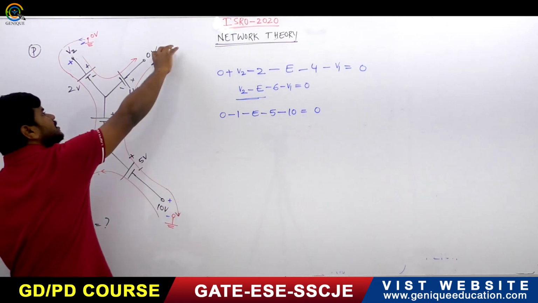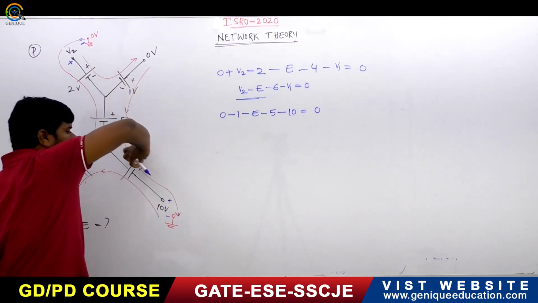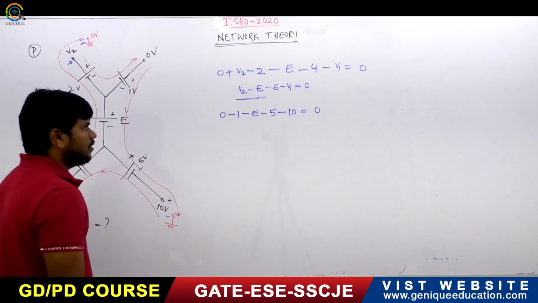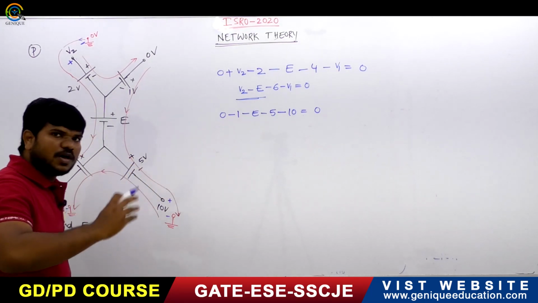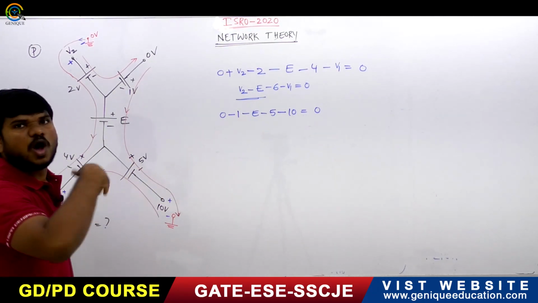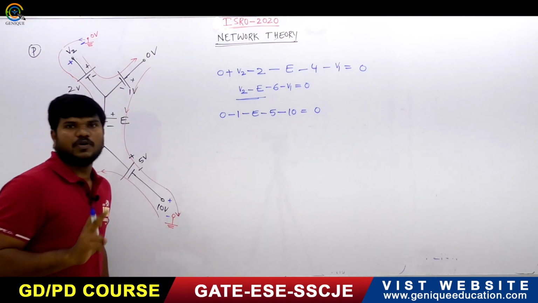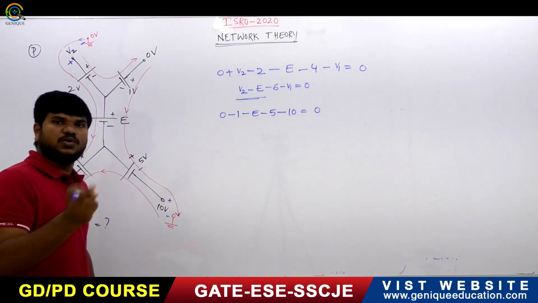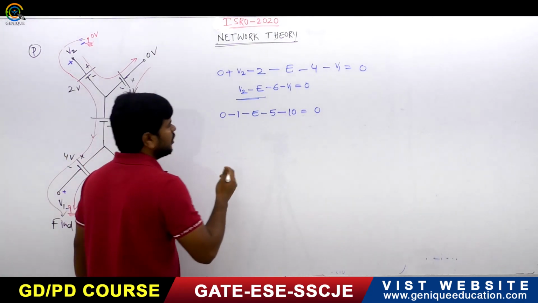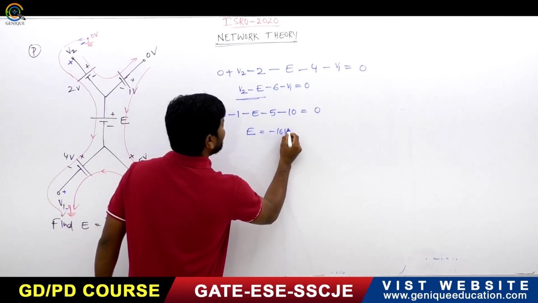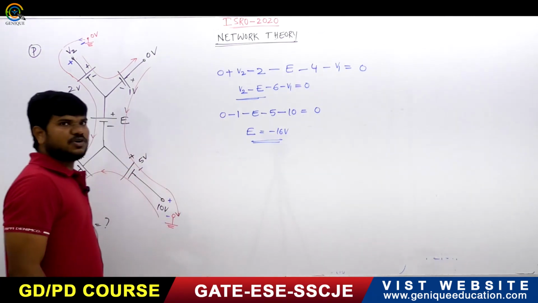So whenever the current is touching the positive terminal, you have to take all the values negative in the KVL. Otherwise you can also follow the opposite manner. Anyhow, you have to follow one notation. Don't follow two notations, either this one or that one. So from this, what is E? E is equals to minus 16 volts.